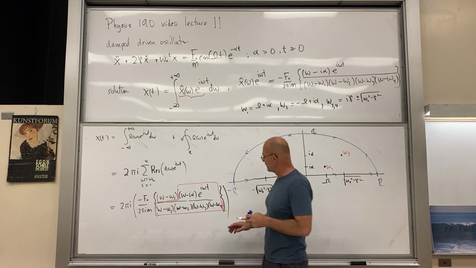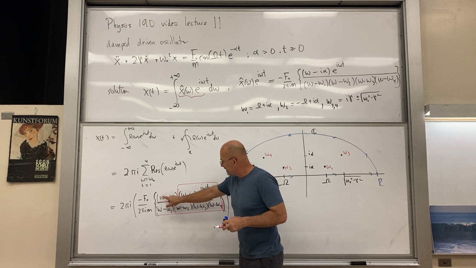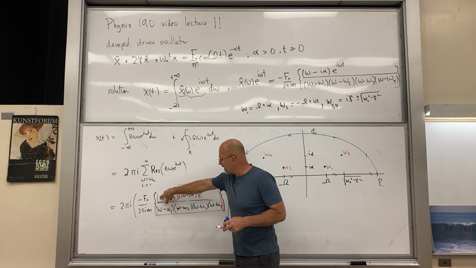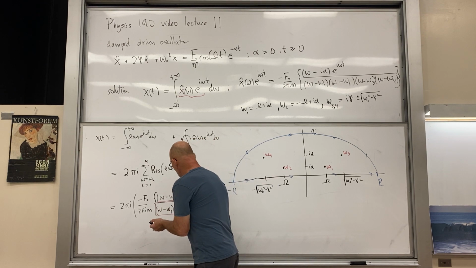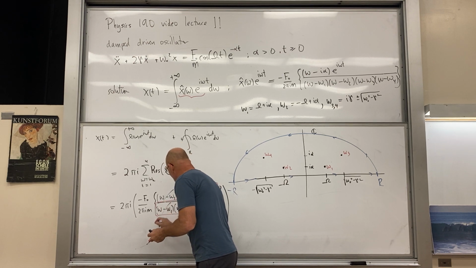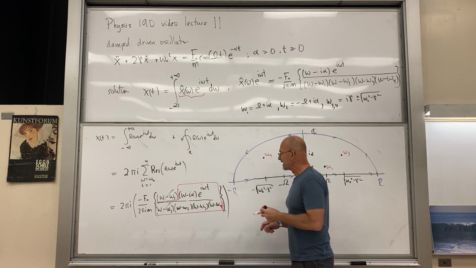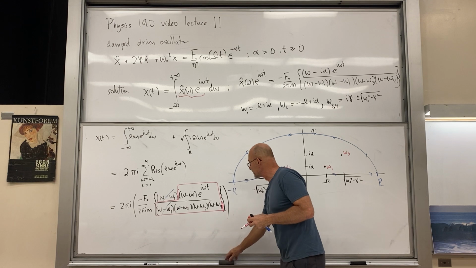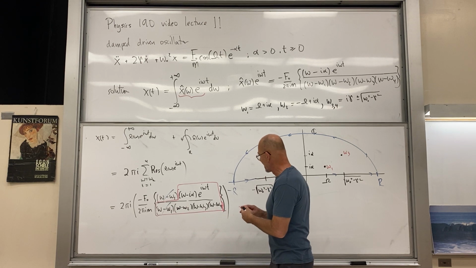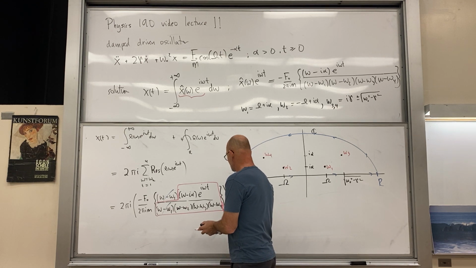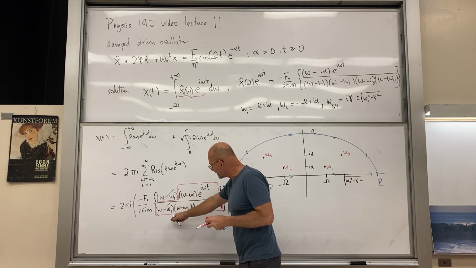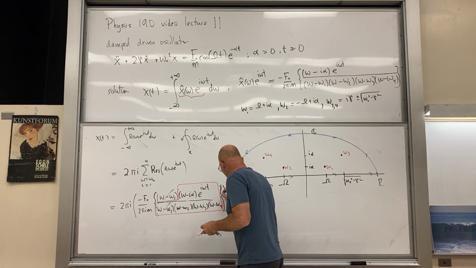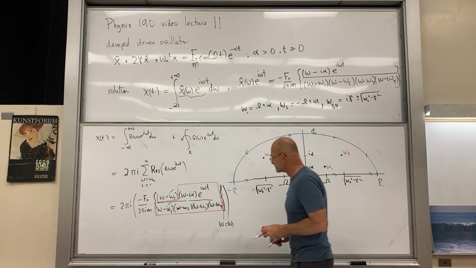So the rule is I multiply by the expression that eliminates the simple pole. So these 2 are gone. And now I'm evaluating the rest of this at omega equals omega 1.